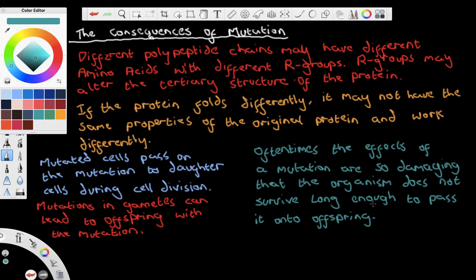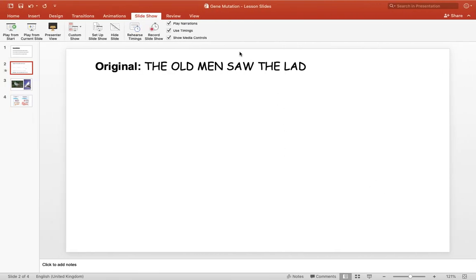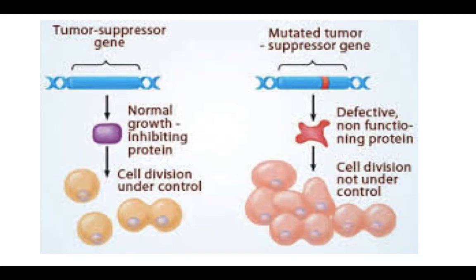So let's have a think about some mutations that can take place. So one example would be during the formation of tumours, the formation of a cancerous sort of growth. So normally what you would have is a gene inside of cells known as a tumour suppressor gene, which would inhibit cell division. So eventually cells would go through mitosis until you no longer need to grow, repair.